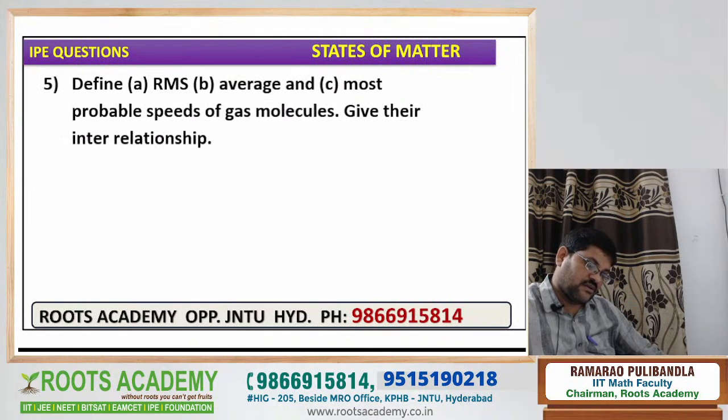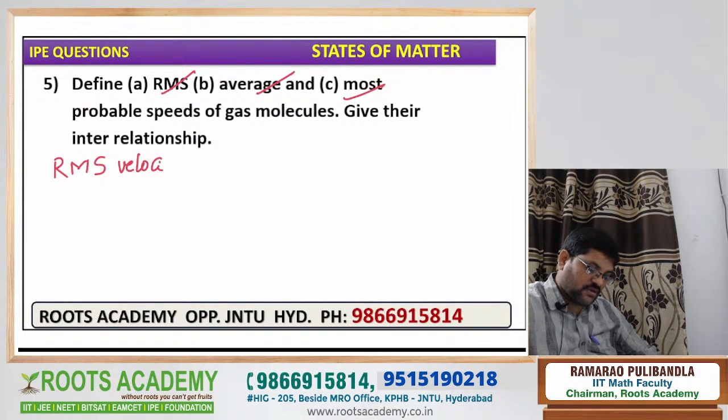Answer the next question. Define RMS, average and most probable velocities, and give the relationship. First you have to write the RMS speed. RMS speed means the root mean square velocity of the gas molecules.